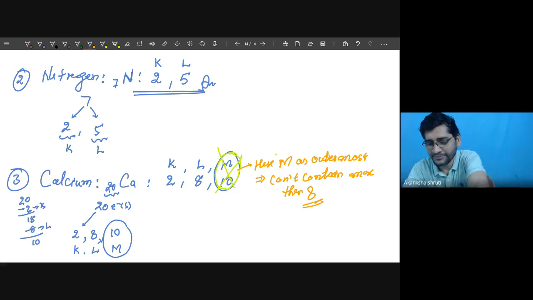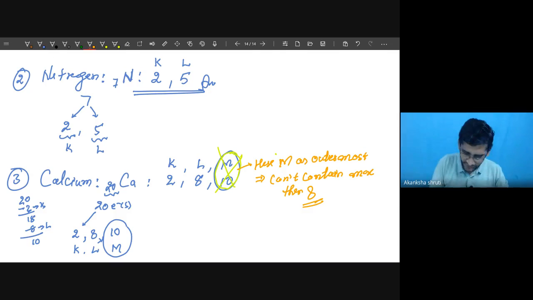So we have to change this to 8, and after that we need to give the remaining electrons to the higher or the next shell. So student, if I give this 10 to the M shell, it becomes wrong. So what to do? To avoid M acting as the outermost shell with more than 8, we shall put 8 electrons here and then subtract, so that M can have a maximum of 8 only.